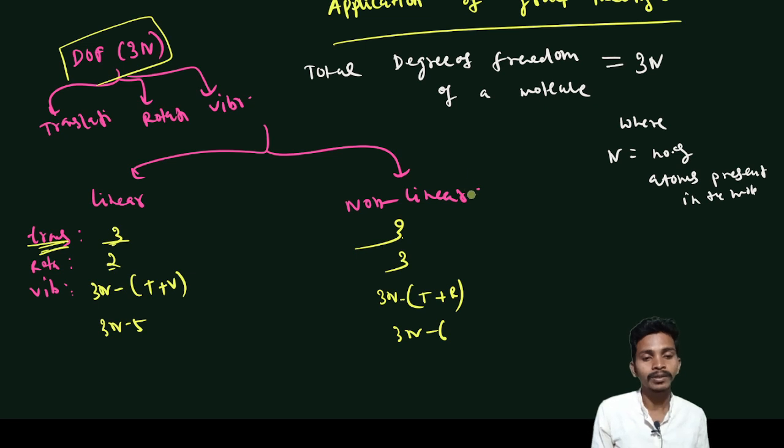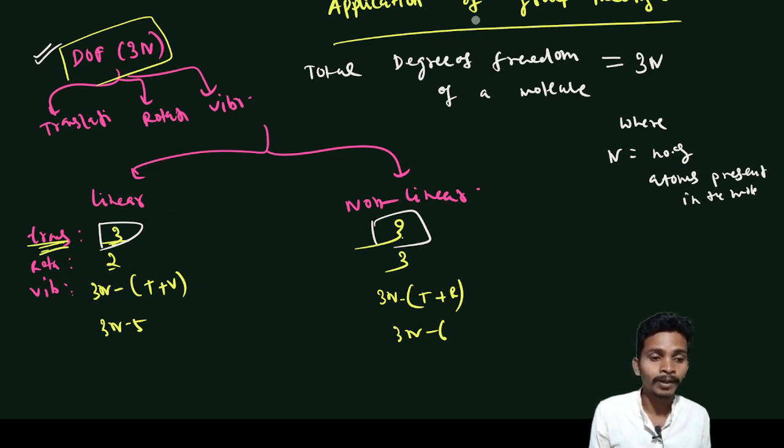But when we discuss the degrees of freedom from the group theory point of view, we will look at the character tables. From there we will say how many translational and how many rotational there are, and from that we will calculate the vibrationals.